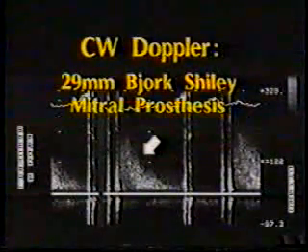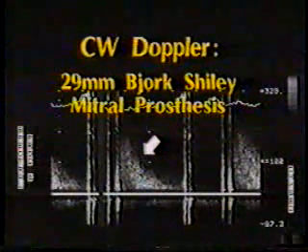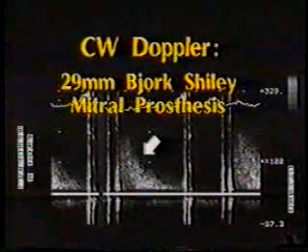This is a continuous wave spectrum from the 42-year-old female whose Bjork-Schiley mitral and aortic prostheses were previously displayed. For assessment of her mitral prosthesis, the non-imaging transducer has been placed at the apex. This is the mitral opening click, and this is the closing click.